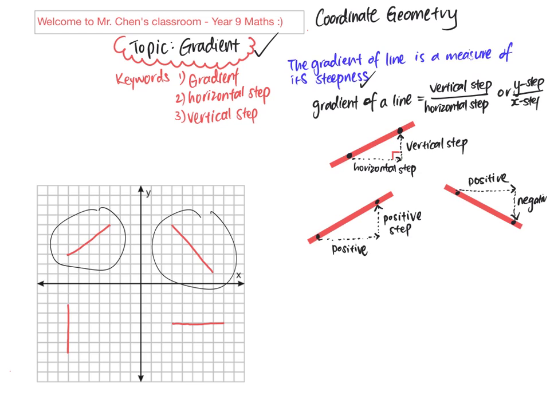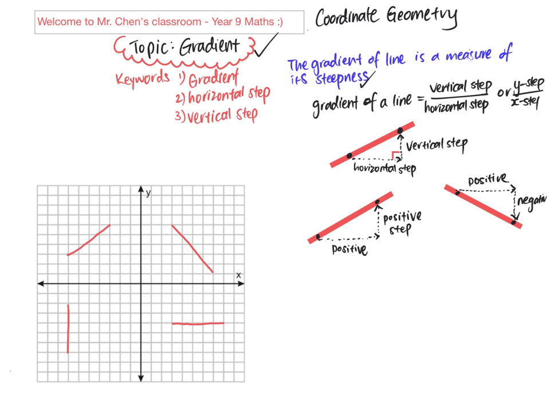Those are lines on the Cartesian plane, and you'll notice each of them has a different steepness. So let's begin. The keywords that I would like you to look at are gradient, obviously, followed by the horizontal step and vertical step, which I will explain right now.